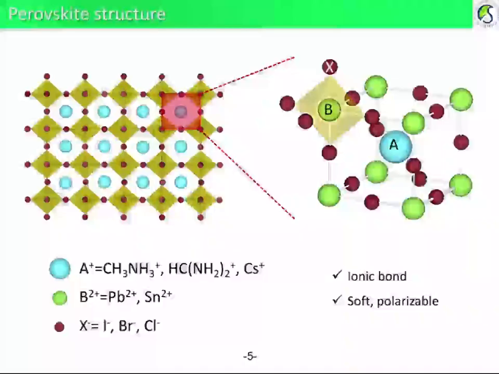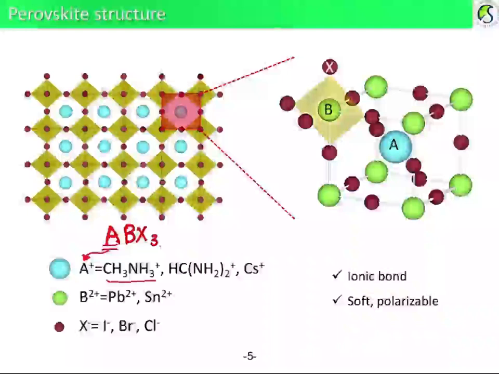The perovskite material used for photovoltaic devices is based on the three-dimensional perovskite material, which has a formula of ABX3. Here, the A is a monovalent cation, such as the methylammonium cation, formamidinium cation, or cesium cation.